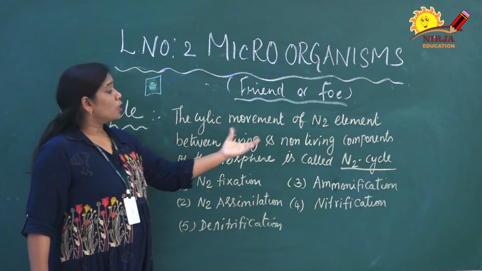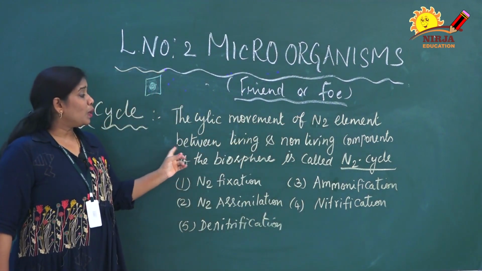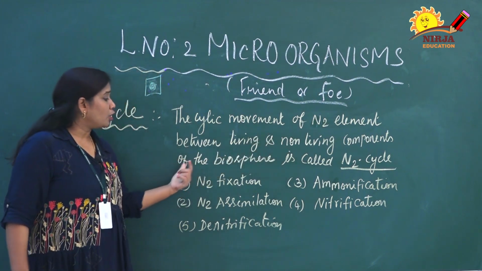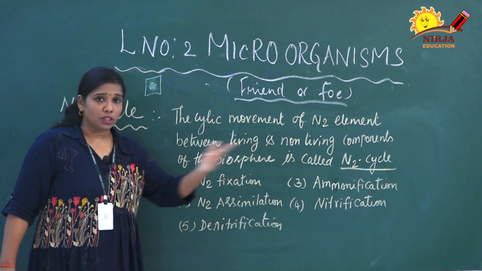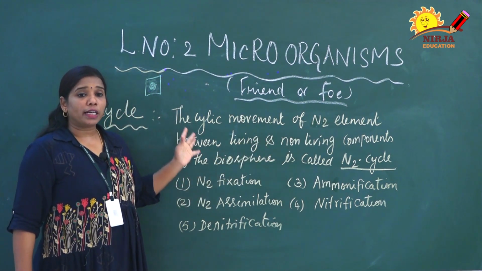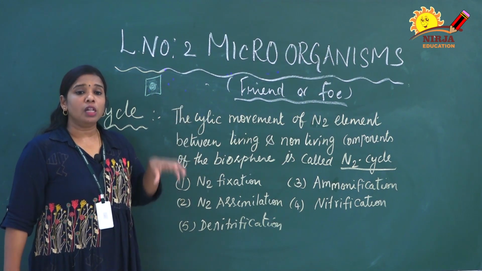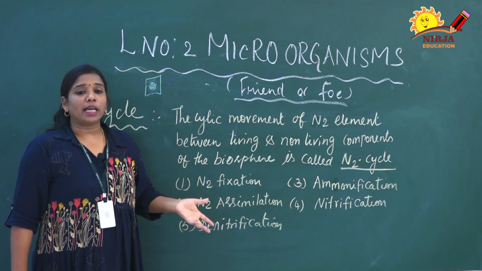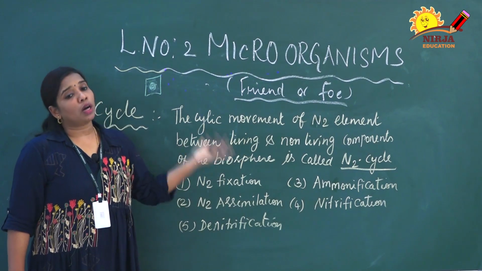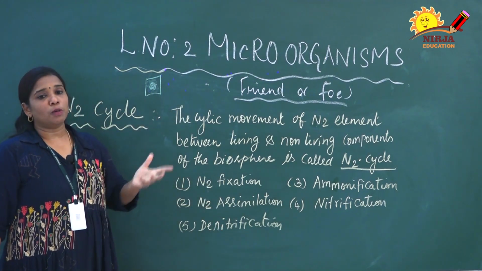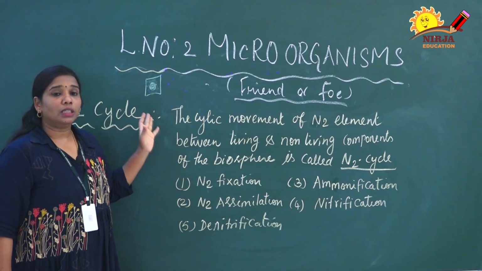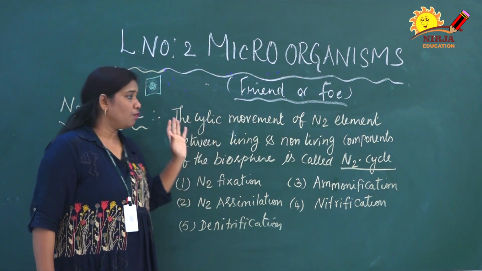The nitrogen cycle is the cyclic movement of the nitrogen element between the living and non-living components of the biosphere. The nitrogen moves from atmosphere to soil, soil to living organisms, and from living organisms again to soil and atmosphere. This cyclic movement is called the nitrogen cycle.